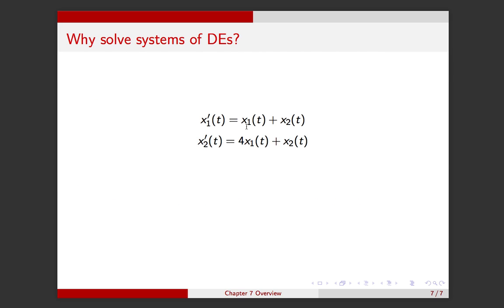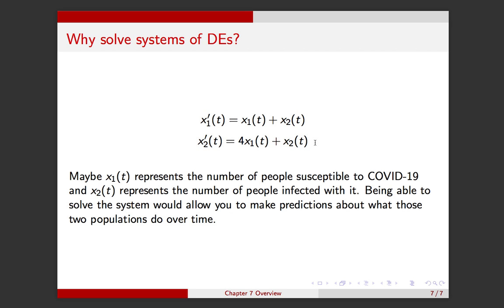Okay, let me just finish this overview by asking this question. Why would you care about solving systems of DEs? Why bother thinking about this kind of thing? The answer is that, in general, if time is your independent variable, there might be multiple things that depend on time.